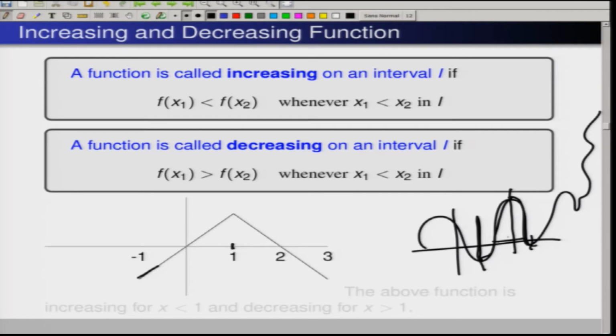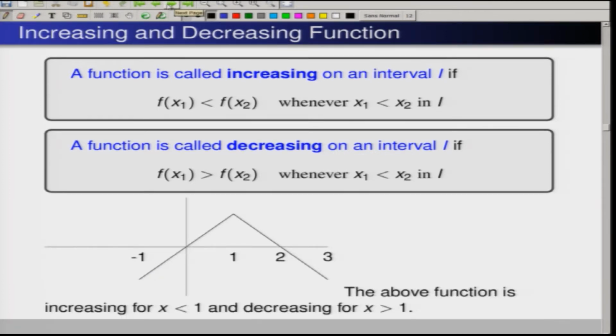Now, if you take this interval, then I cannot say that it is increasing or decreasing, because suppose this is x1, this is x2, then f of x2 is greater than f of x1, but here, let us say this is x3, then f of x3 is less than f of x1. So, we have to check in which interval f is increasing or decreasing.